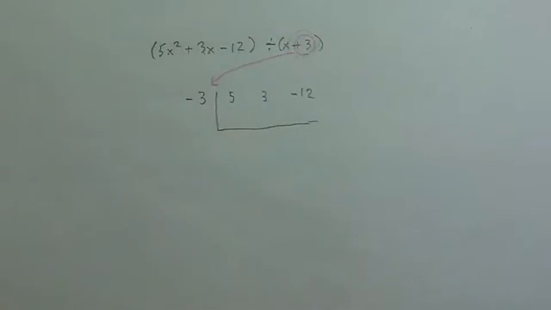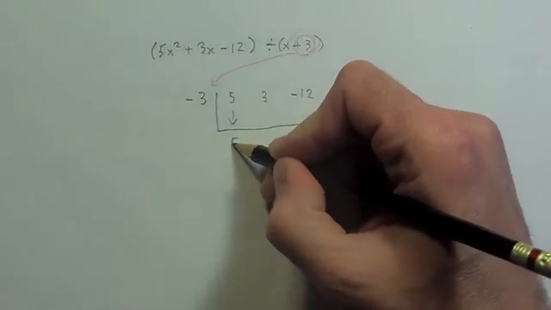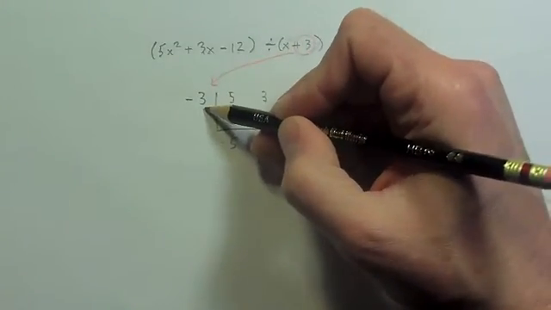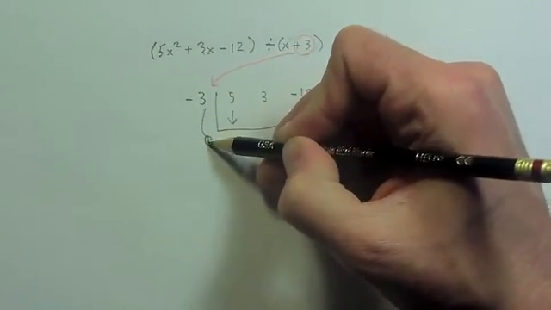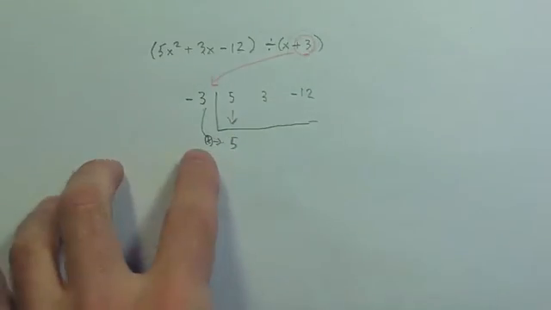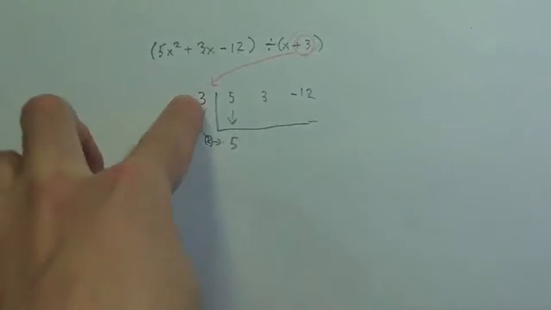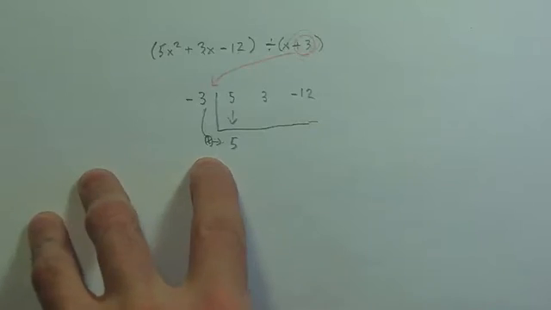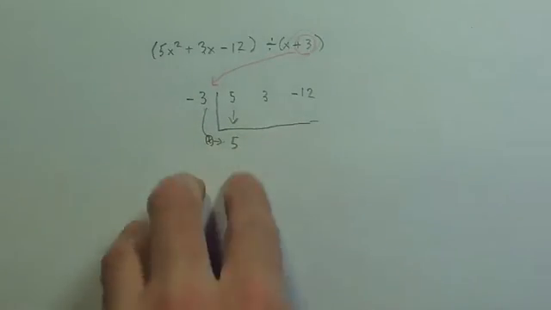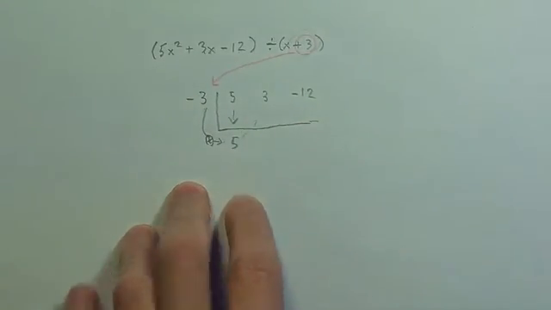Then we start by dropping this 5. Then we're going to multiply. We always put a little x in a circle there. We always multiply and then bring up along the diagonal.